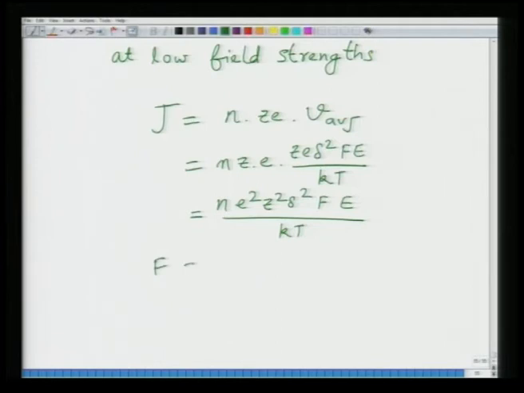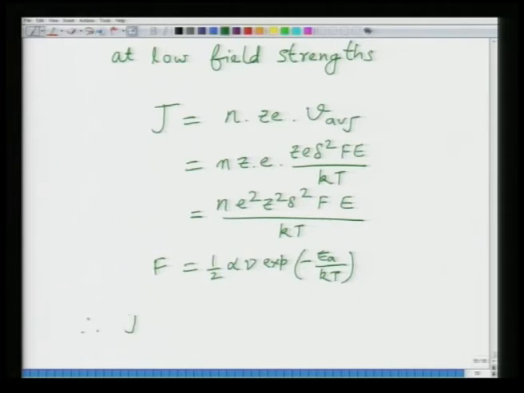Now, we know F is equal to half of alpha nu exponential of minus E A divided by KT, correct. So if you know F, you just insert it in there.